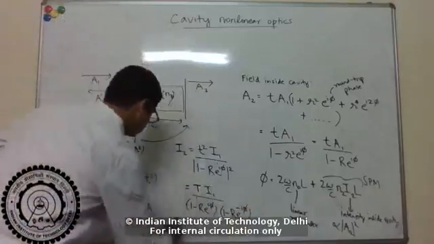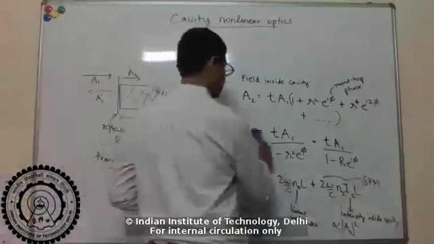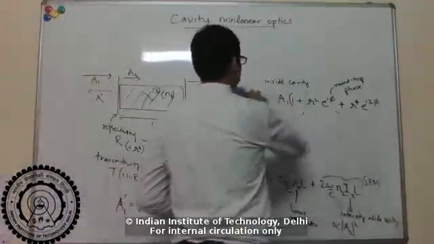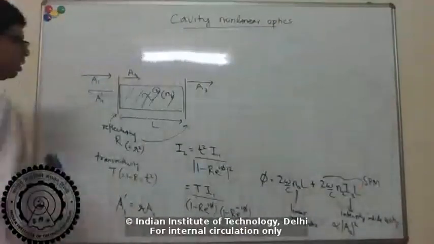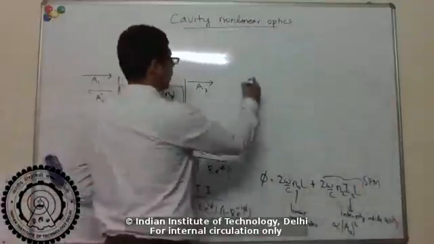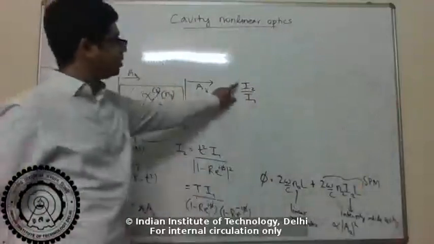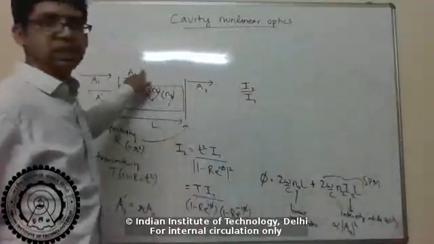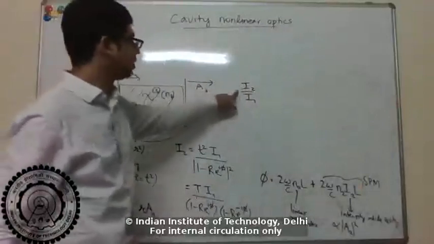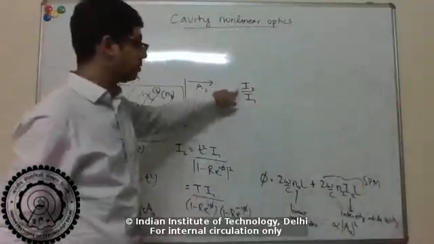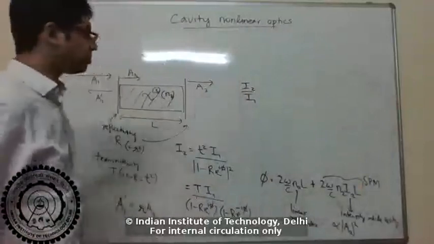So you can see that I2 by I1, which is basically the factor by which the intensity is enhanced inside the cavity compared to my input intensity, right? So this is the enhancement factor in the power or the intensity.